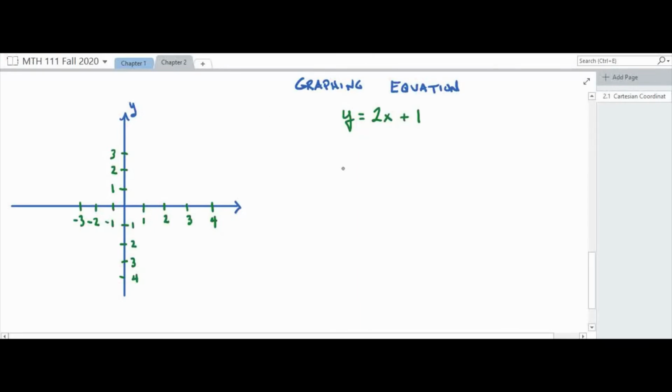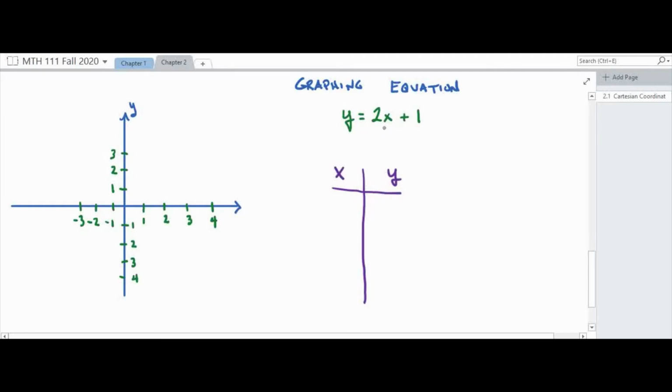So I have x values and I have y values. Let's make a table of x and y values and get some point pairs that we can plot on this to see what this equation looks like when we plot it over here. So let's begin.